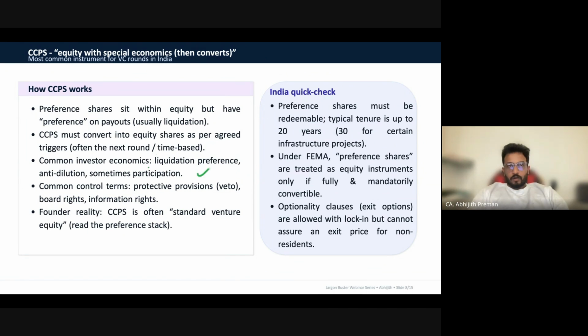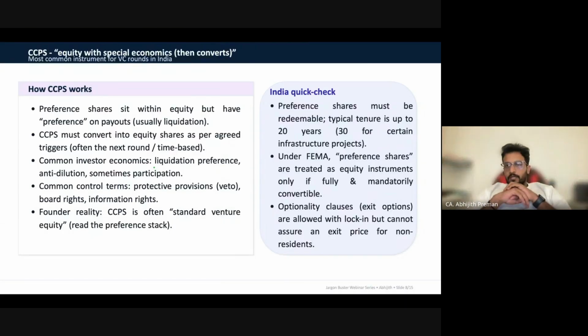Common investor economics: liquidation preference, anti-dilution, and sometimes participation. So why investors prefer convertible preference shares is, one, liquidation preference, what I've told. If the company is winding up tomorrow, they typically need the money upfront. Or even if, for example, tomorrow the company is sold, take the same example.